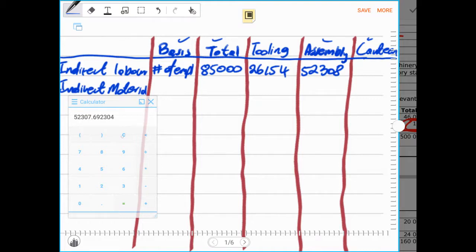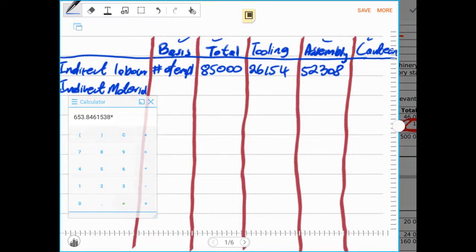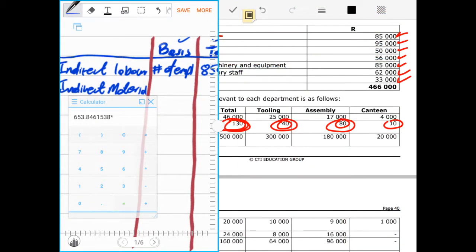Then we do the same thing for the next one, where we say 85,000 divided by 130, multiply by the number of employees that are in the canteen department, and the number of employees is 10 in canteen.